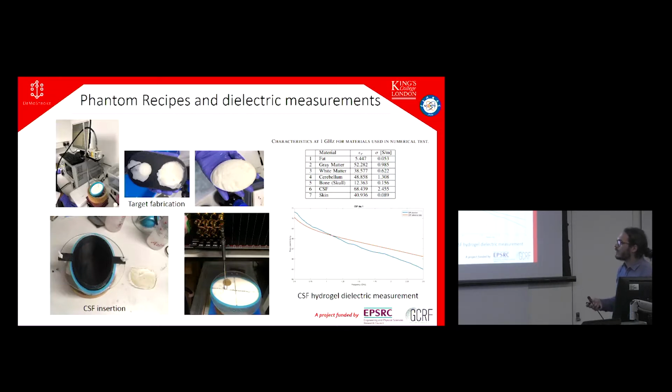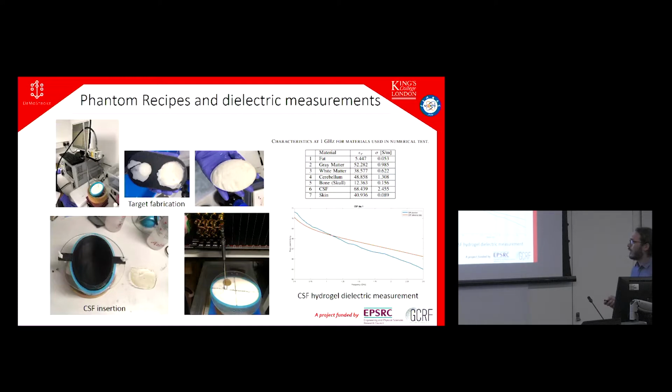That was quite tricky on the outer layer of the ellipsoid. So we use the molding technique to push down the liquid and let it solidify. After that, we remove the black piece, and then we add the average brain, so we can see how much the CSF influences the penetration.